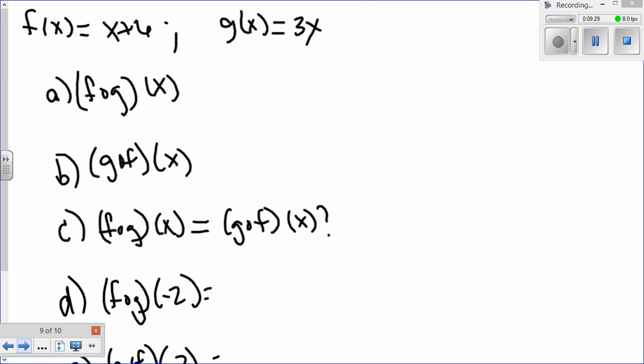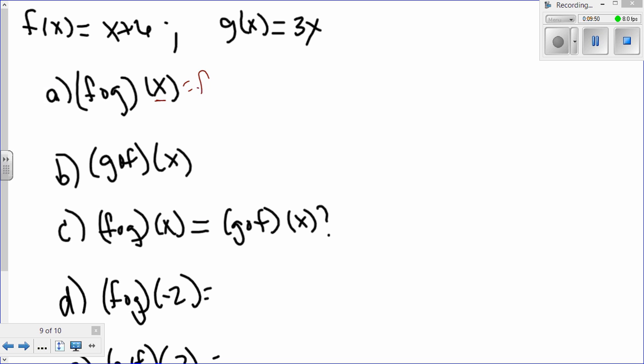Flip your paper over. And we have compositions of functions. So f of x is equal to x plus 6, and g of x is equal to 3x. If I want to find f of g of x, first of all, because I have the x here, that means I'm looking for my rule.